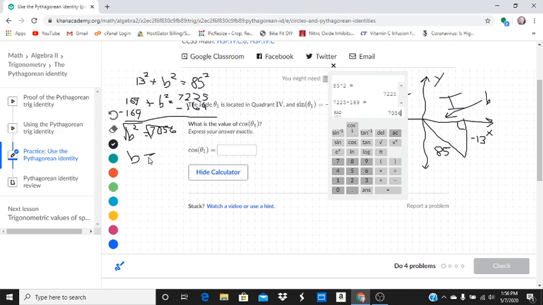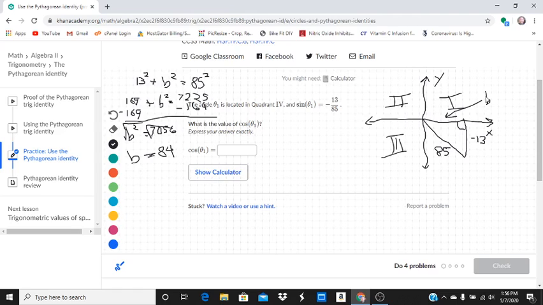And we're going to get b is equal to the square root of 7,056, close out my parentheses, it equals 84. Okay, we can get rid of the calculator now. So this side is 84.